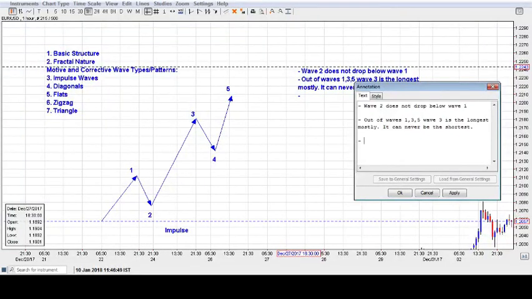Alright, so within the first, third and 5th waves, the third is the longest most of the time, but it cannot be the shortest. Most of the time wave 3 would also be an impulse. This is not a rule, but you can most of the time witness that the third wave is also an impulse.